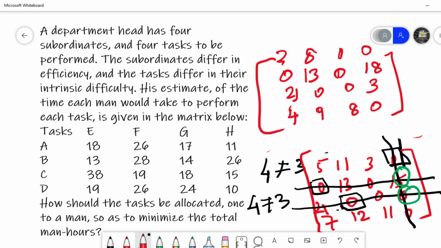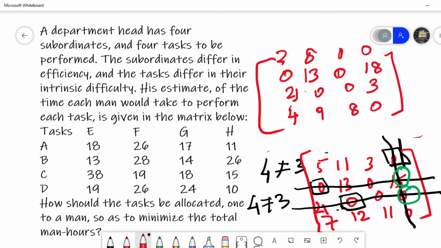Then again do the row scanning and column scanning. So in the first row, we are having 2 zeros. So skip that row. In the second row also we are having 2 zeros. Skip that row. In the third row also we are having 2 zeros. Skip that row.